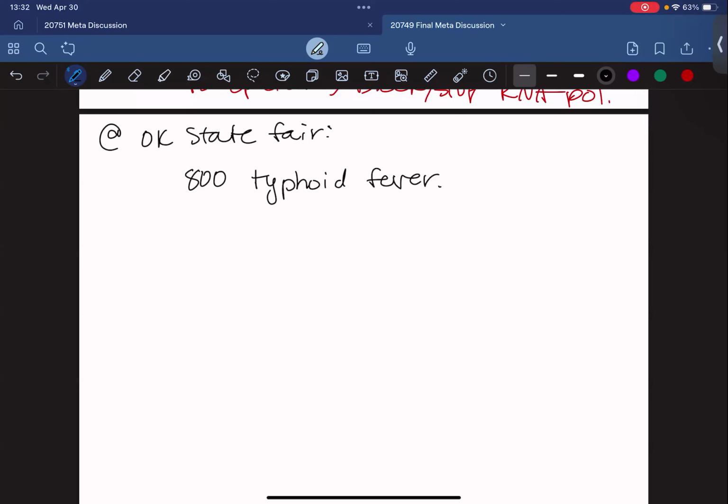First of all, typhoid fever is a more serious type of salmonella. What type of pathogen is salmonella? It is bacteria.